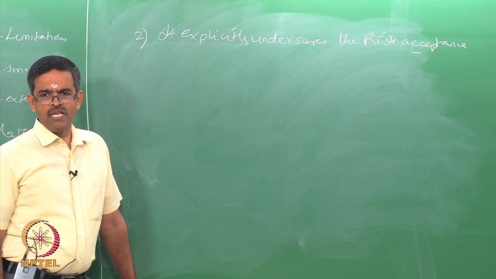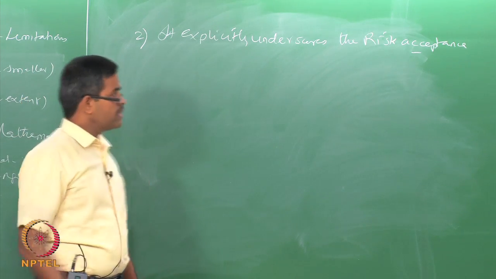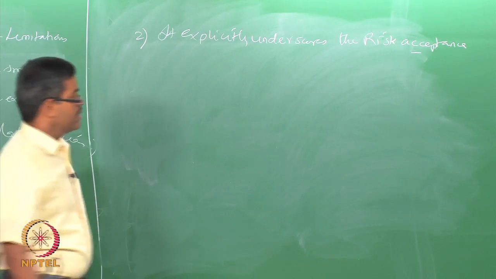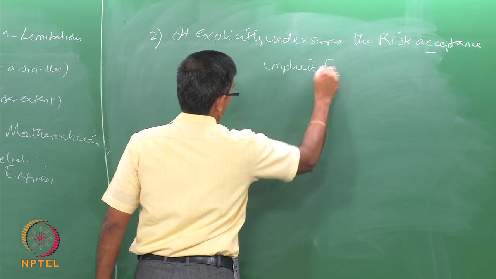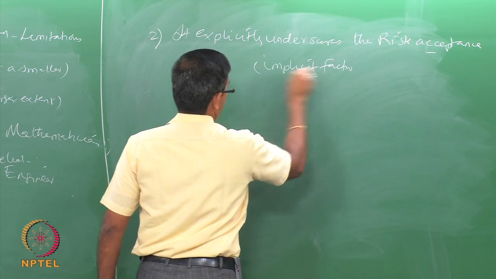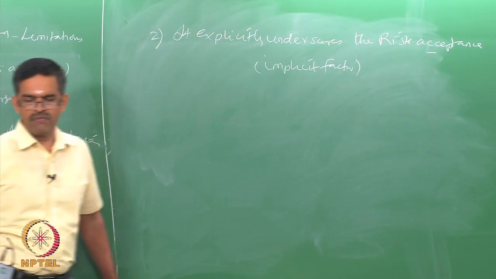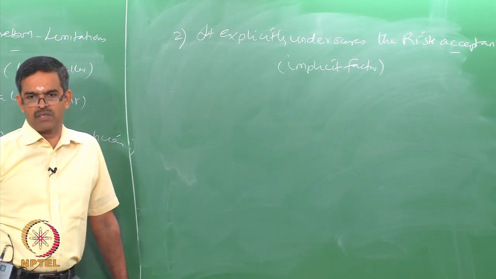Interestingly, many researchers said the risk acceptance criteria is an implicit factor. I think you agree. What is an implicit factor? It is inbuilt actually.